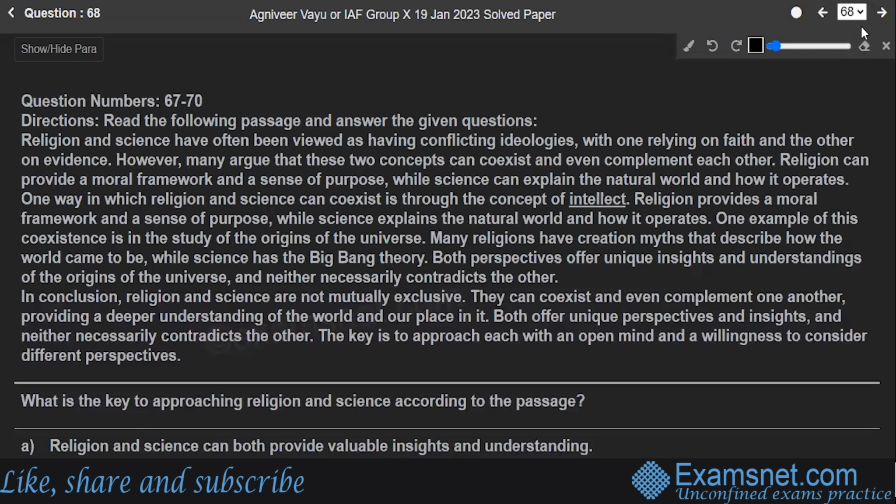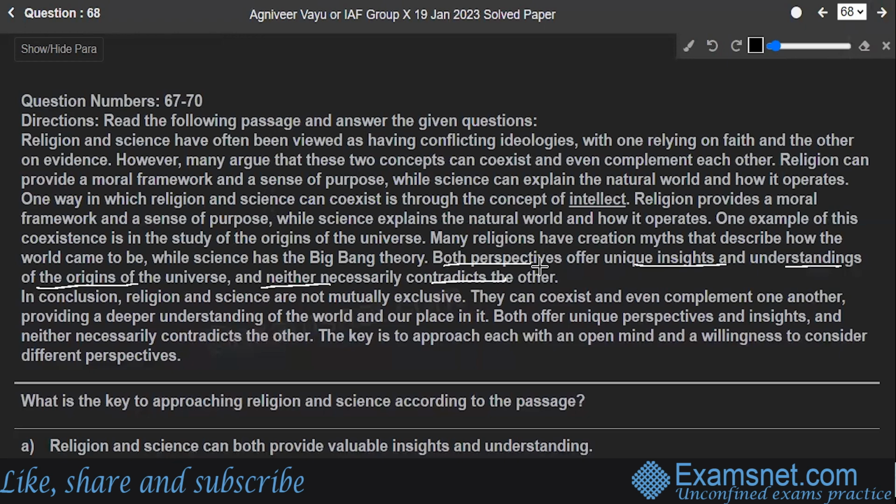See, let's read the paragraph once again. It says, where I can find out, both perspectives offer unique insights and understandings of the origin of the universe, and neither necessarily contradicts the other. Yeah, so that is it.